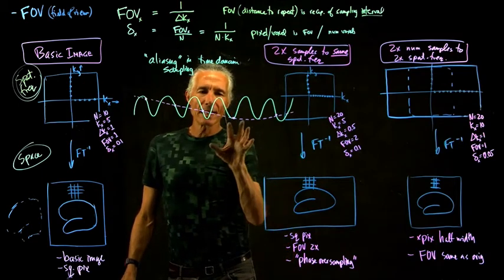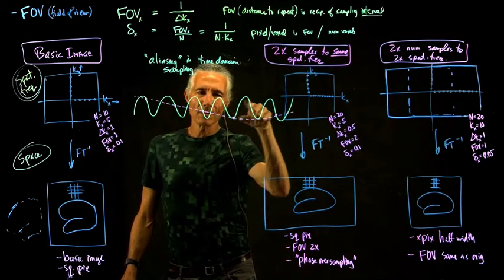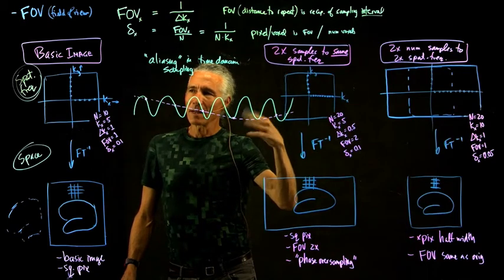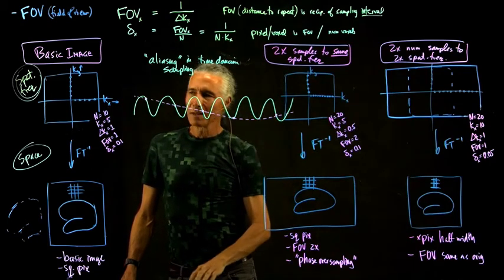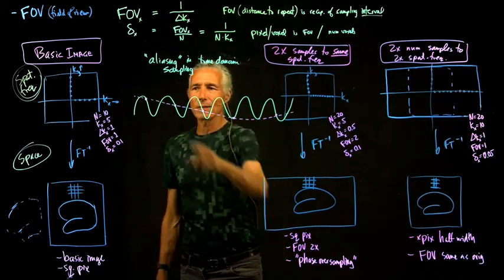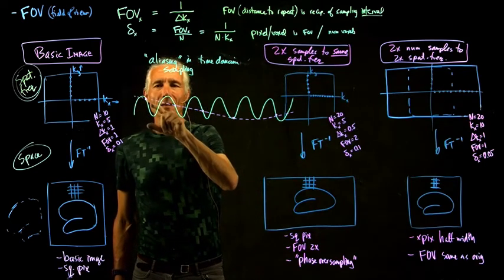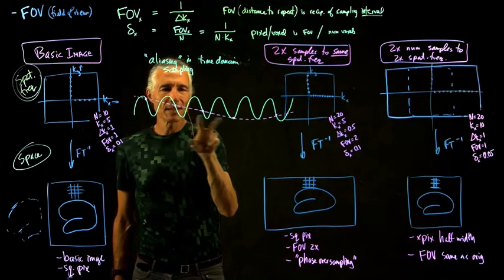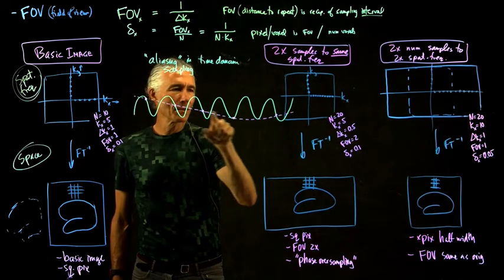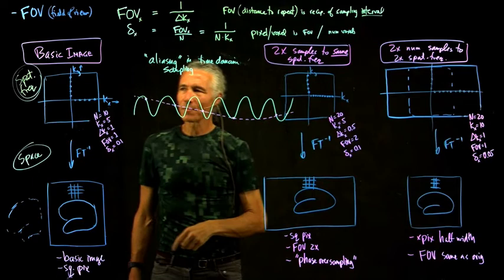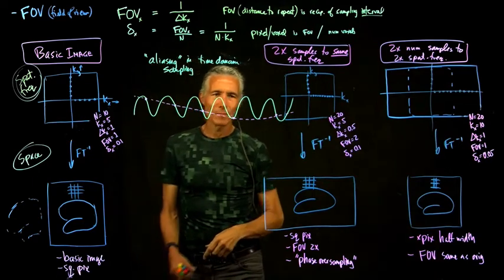If you sample any less than twice the frequency of any frequencies in the signal, then you're going to run into trouble. The signal will come out aliased, meaning that you thought this was the frequency in there, but your sampling of it gave you a much lower frequency.